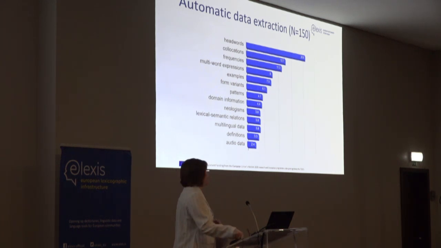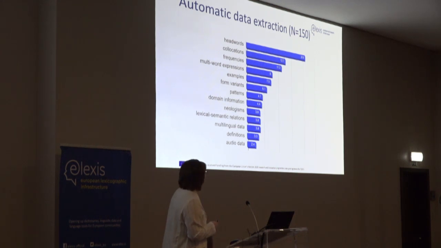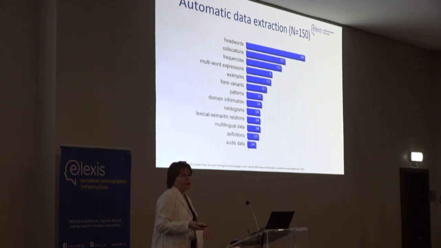And here you see that the most common are, of course, headwords, lemma lists, collocations, frequencies, multi-word expressions, but this percentage is not big. Example sentences: the Good Dictionary Example program is used now for many languages. What is weak here is this part, because these were mentioned really as a need: detection of neologisms, lexical semantic relations, multilingual data, automatic acquisition of translation equivalents.